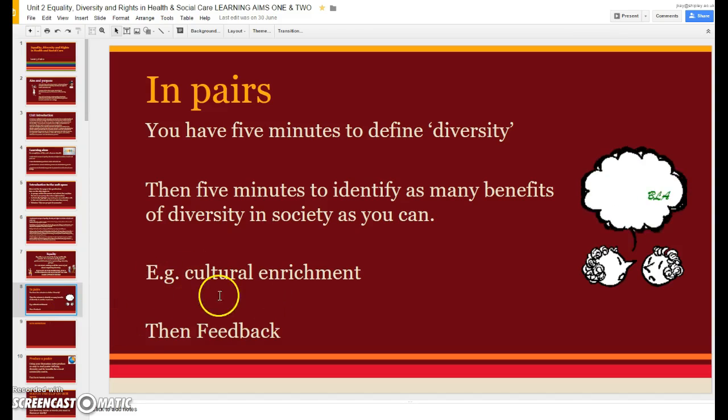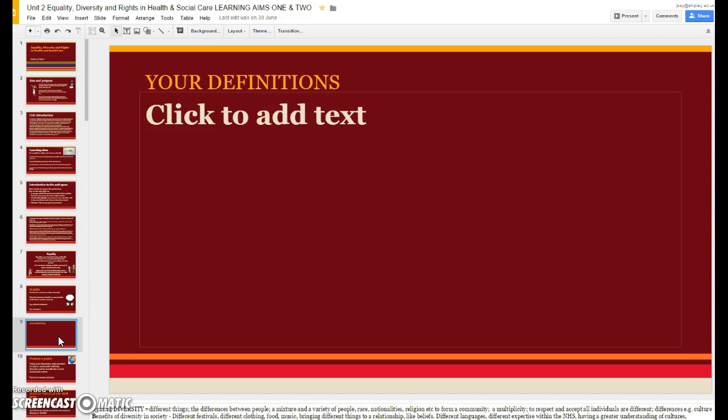So here I've given an example of cultural enrichment. This could include different foods from around the world, which gives us a variety of dietary intake. We will be doing the feedback in class, and we will be putting them on here so that they will be on the site for you to find in the future.